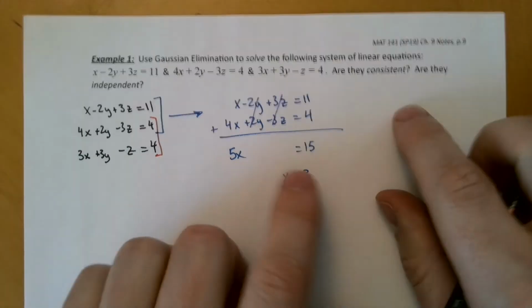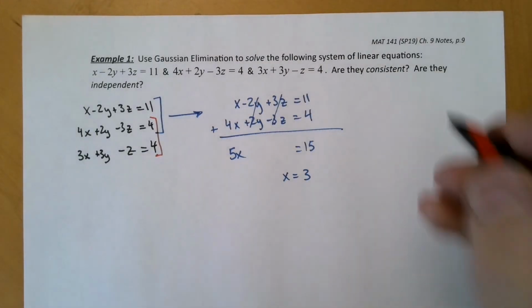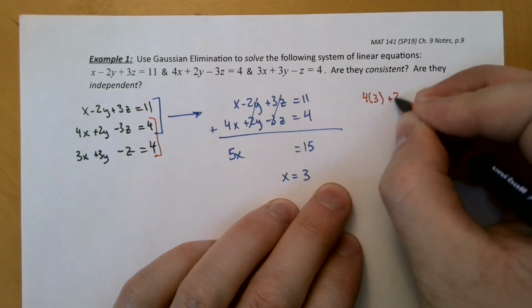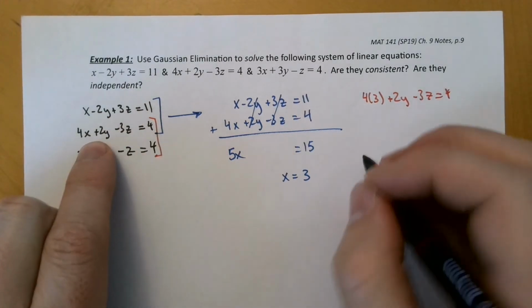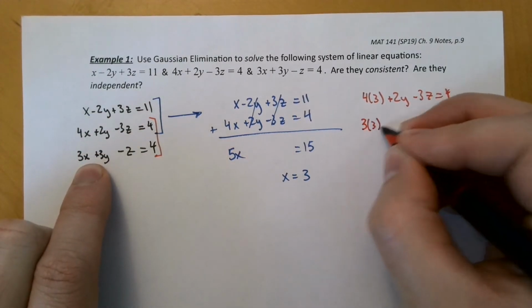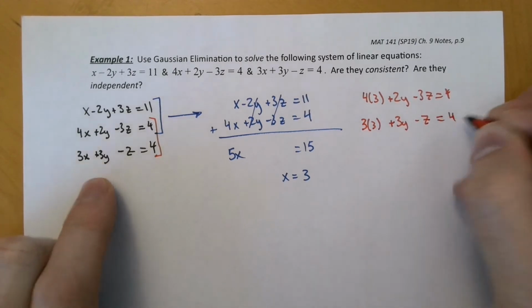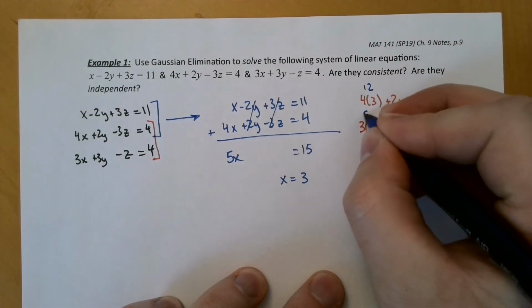Now, having gotten x right away, it skips having to do this twice. So we'll do 4 times 3 plus 2y minus 3z equals 4. That's this equation with x in it. And 3 times 3 plus 3y minus z equals 4 as well. Now, note that 4 times 3 is 12, and 3 times 3 is 9.